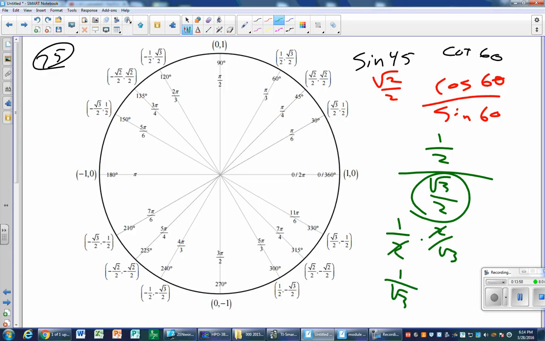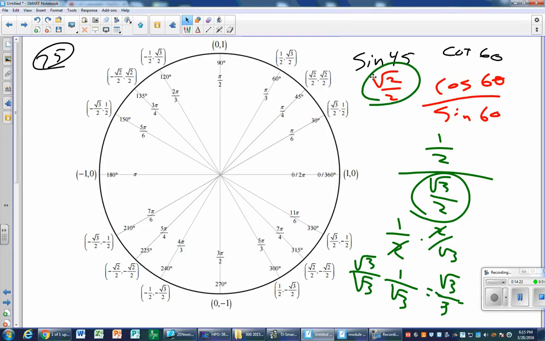So we have 1 over square root of 3. Well, hey, I don't know what that is, but I do know that when I rationalize it, it's the square root of 3 over 3, because I multiplied the numerator by square root of 3 and the denominator by square root of 3. So we have square root of 3 over 3, comparing it with the square root of 2 over 2.